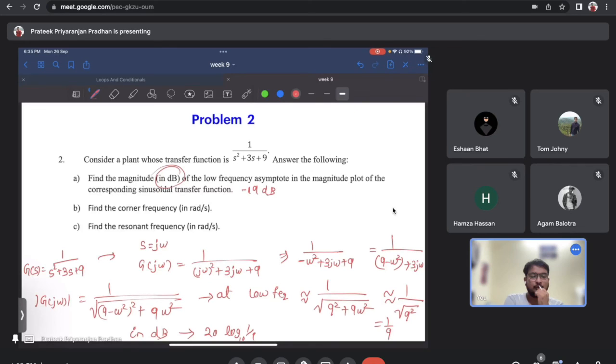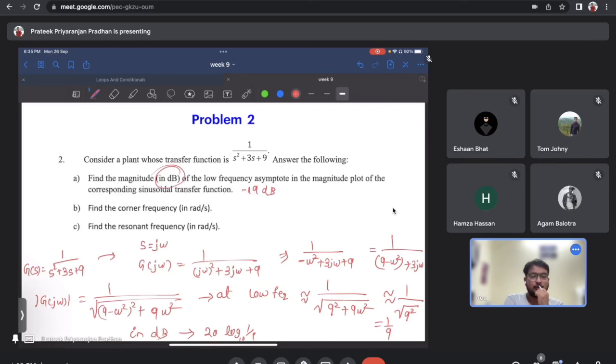Is this clear? That means either omega is equal to 0 or, I'll write it on the next page, 4 omega square is equal to 18. Here it should not be omega.